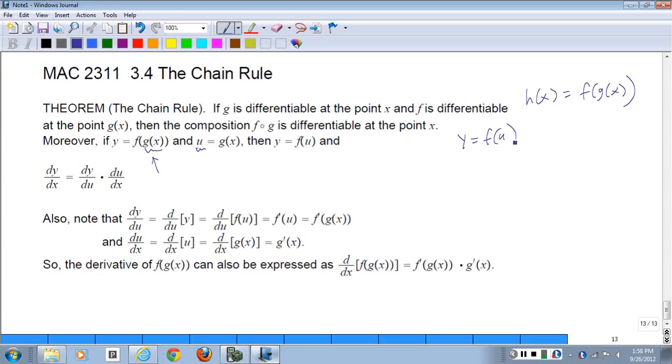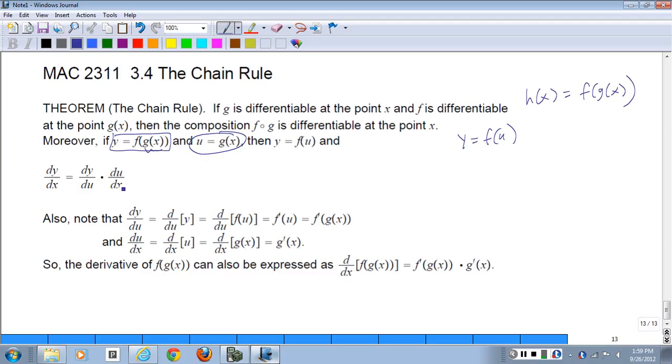Well, we want to write dy dx in terms of the derivative of y with respect to u, but we also have this other relationship, u in terms of x. So we can calculate the derivative of u with respect to x. The chain rule says the derivative of y with respect to x, basically this original expression that we have, is equal to the derivative of y with respect to u times the derivative of u with respect to x.